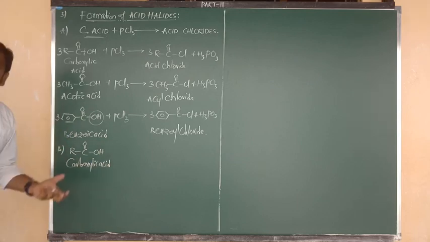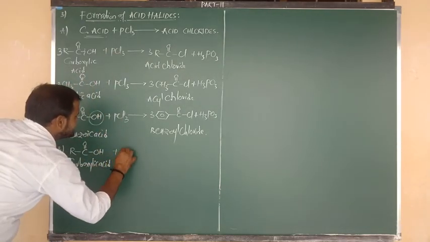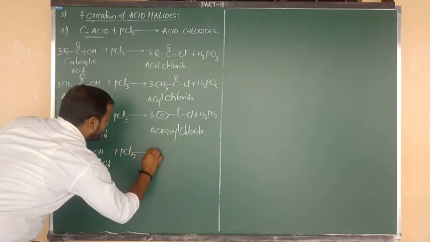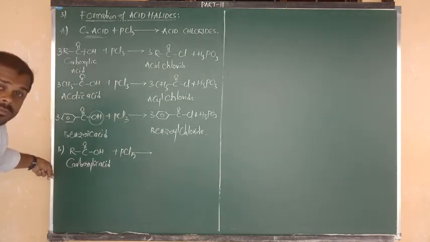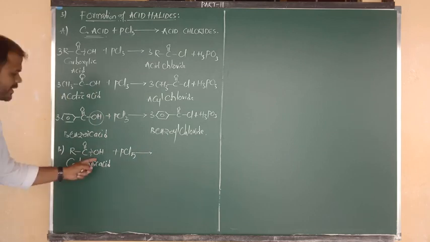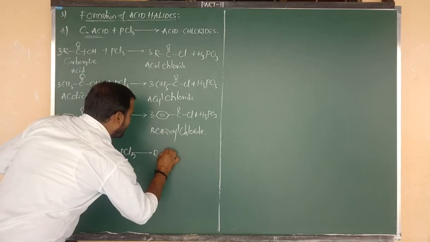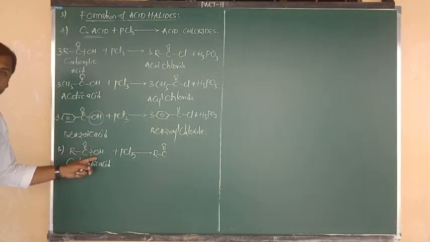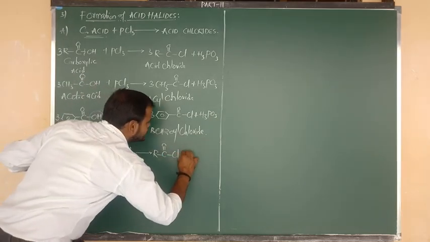So it reacts with phosphorus pentachloride. What was the formula? PCl5. Yes, I have written the formula. Again here, cleavage of which bond is going to take place? Due to cleavage of the C-O bond, OH can be replaced by Cl. So the RC double bond O group, I am going to write here as it is. After cleavage of the CO bond, OH can be replaced by the Cl. Okay, I am going to write here Cl.